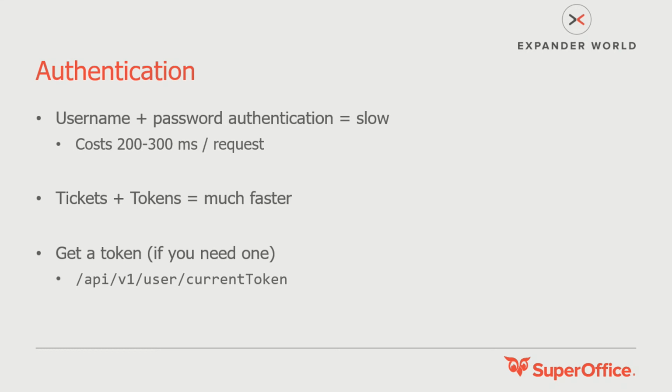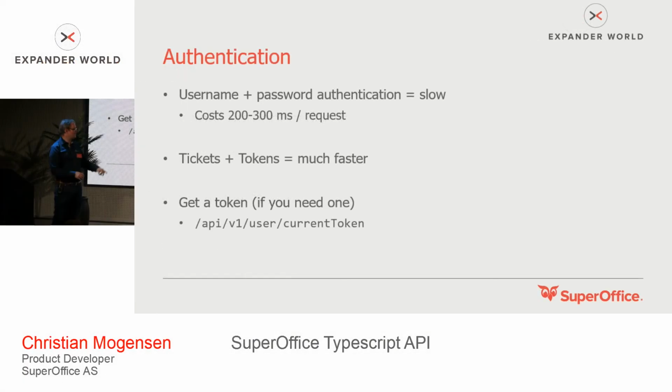Even if you're on premise, go get a token. We've added an endpoint where you can get my token, and this will work in online also. That'll give you a nice token that you can use to authenticate, and your calls will go much, much faster. Then it'll go faster than WCF. That's a good thing.